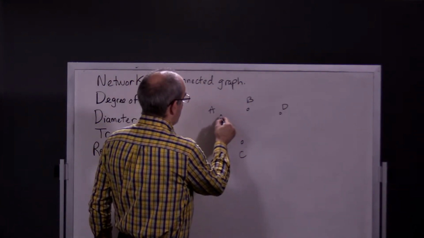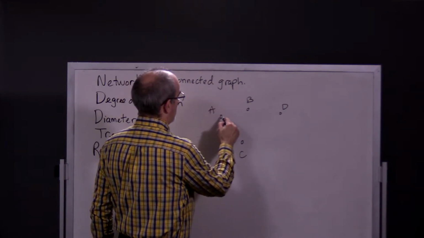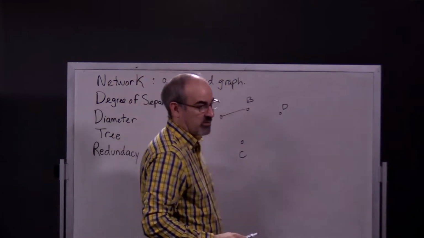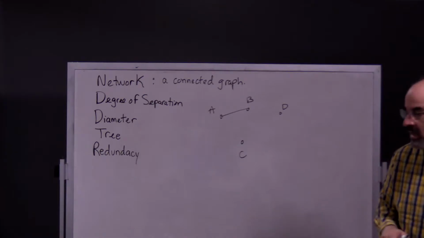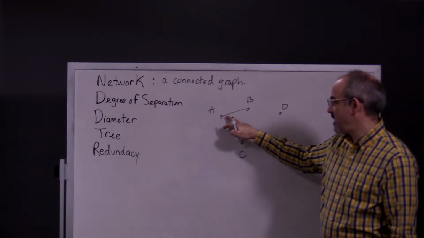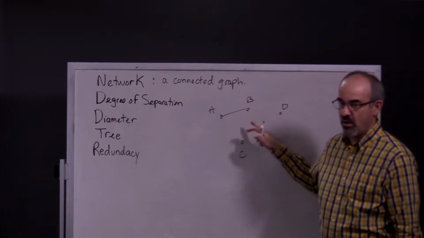Let's say A and B are friends on Facebook. That is going to be represented by an edge between A and B. Now in networks, sometimes they call these edges links also, and they call the vertices nodes.